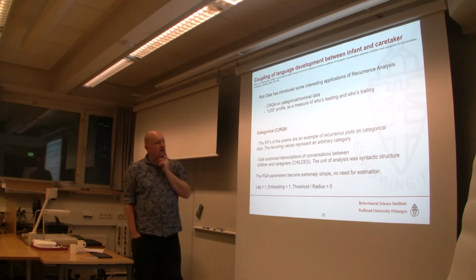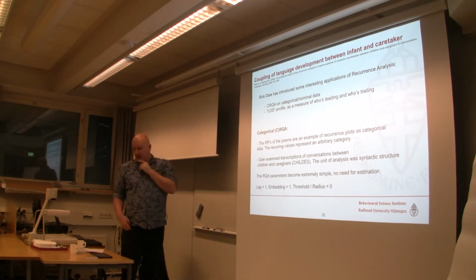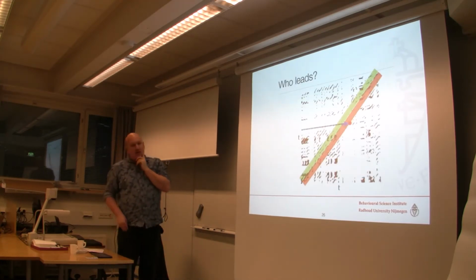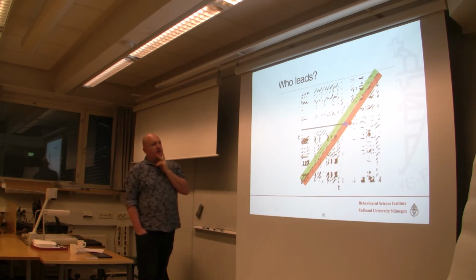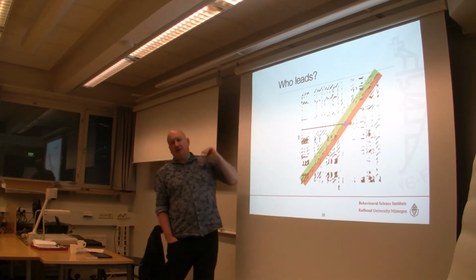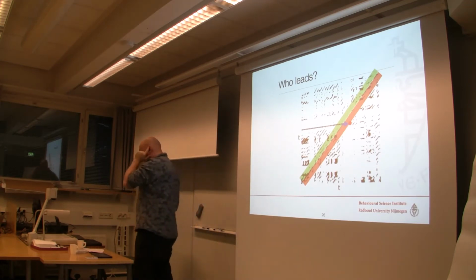One of the things that was really a contribution by these authors is the so-called lag profile or diagonal recurrence profile. In physics they would call this something very different, but here it is a type of analysis you can call leader and follower analysis.